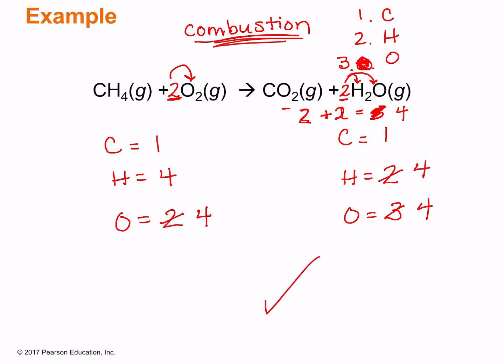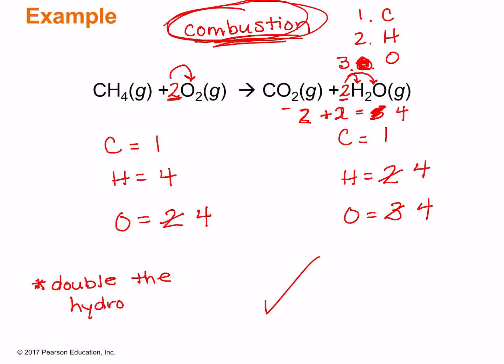So like I said, this particular type of reaction is a combustion reaction, and they can be a real pain, but always do it in this order: carbon, hydrogen, oxygen. My tip for combustion reactions is if you get stuck, and you may get stuck, double the hydrocarbon. And by hydrocarbon, I mean something that has both hydrogen and carbon.